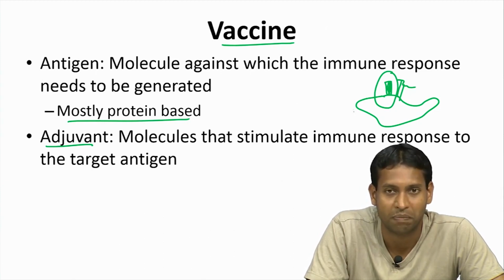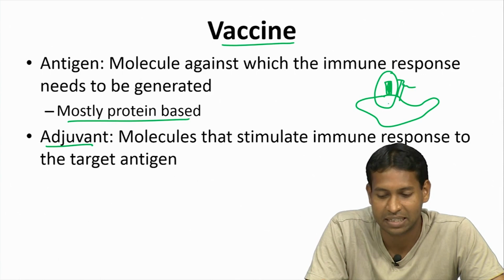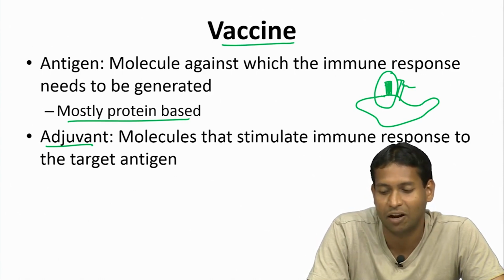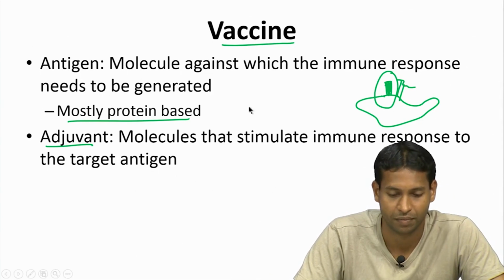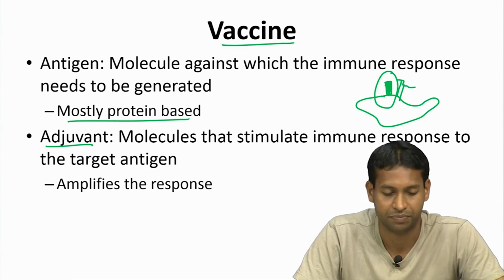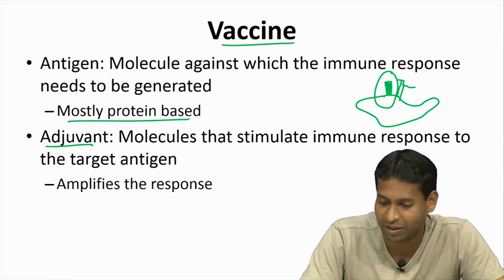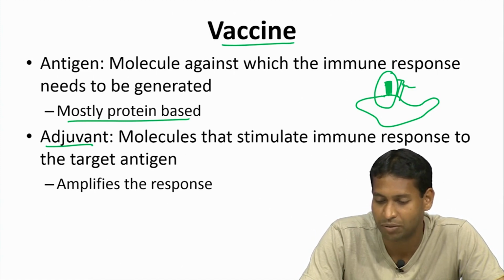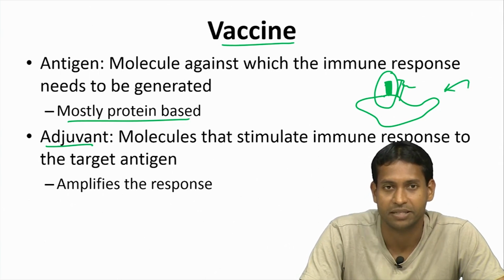Maybe you put a lipid from a bacteria called lipopolysaccharide into the system, and once these cells see it, they will also get activated along with the antigen that is present through your protein. So, it amplifies the response. Not only is it going to result in the co-stimulatory molecule being expressed, it will cause more DCs to come in due to chemotaxis.